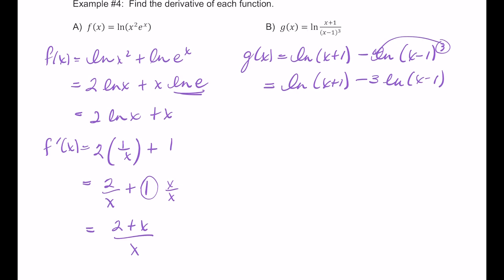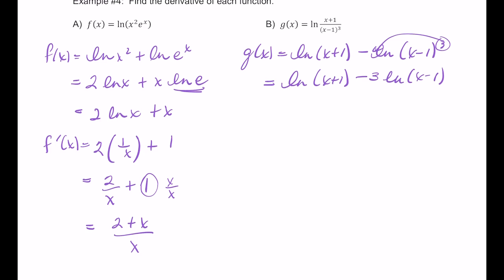So let's identify our g of x and things like that. So if I want to find g prime of x, right, you got the natural log of g of x and then another g of x. So I'm going to use the g prime of x over g of x formula.